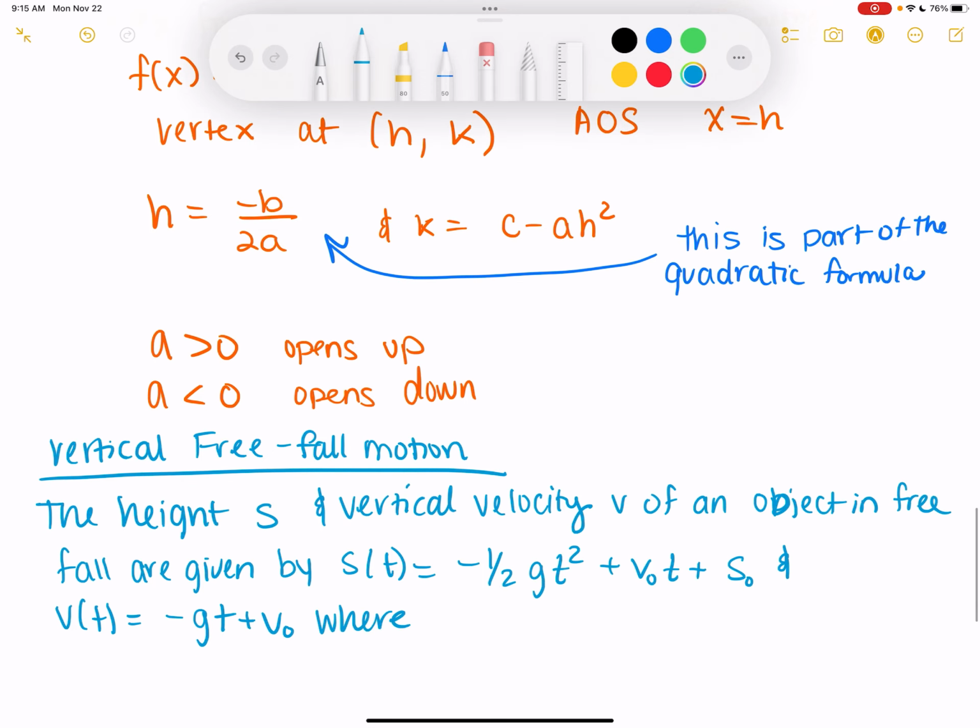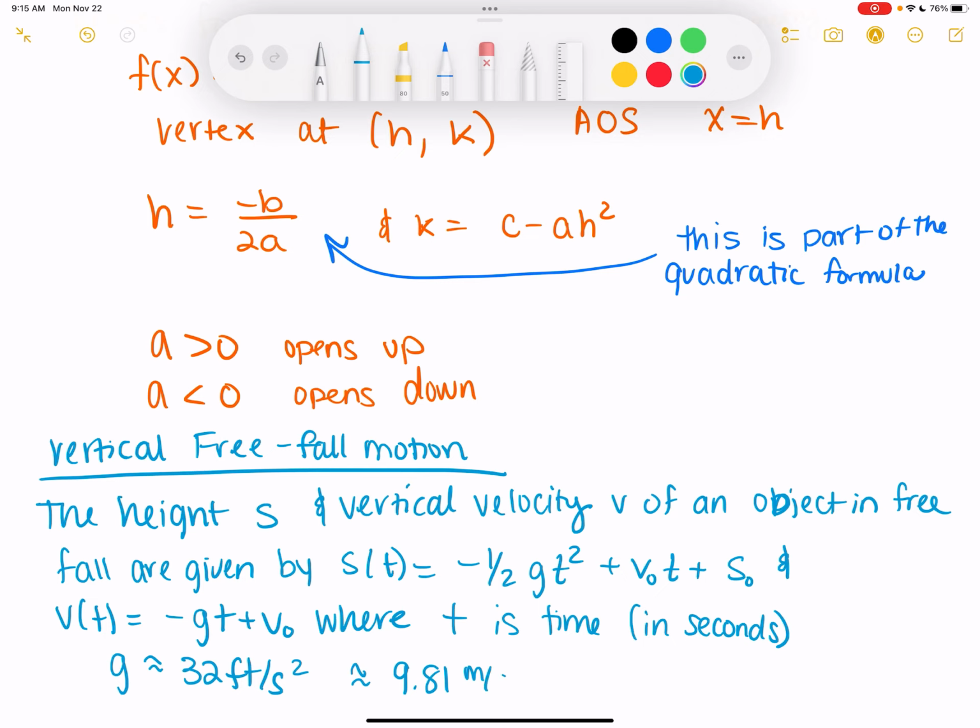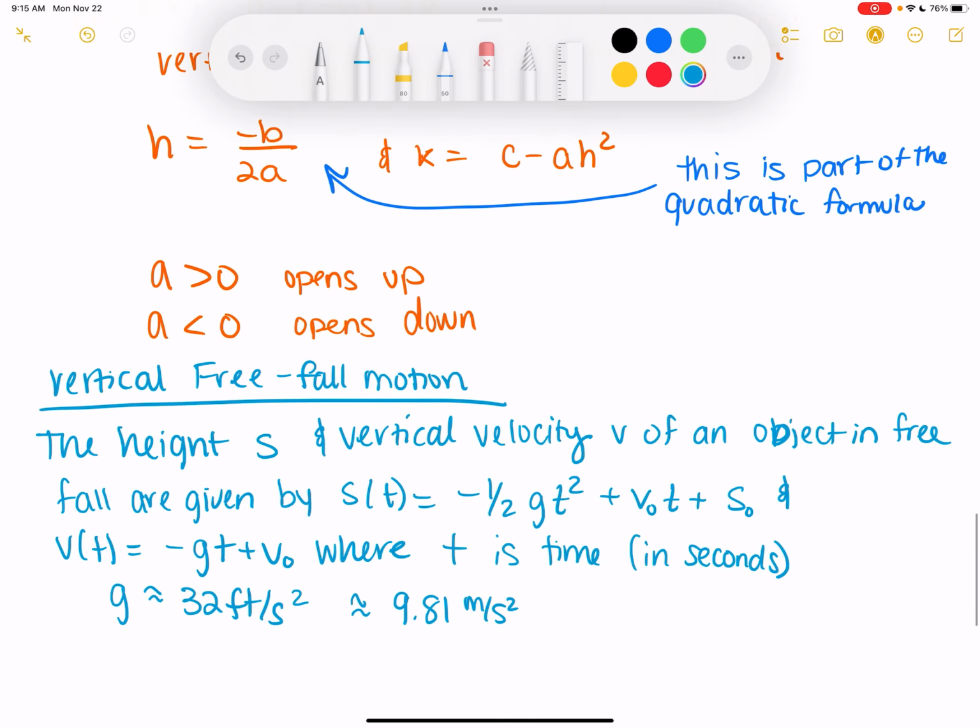where t is time in seconds, g is approximately 32 feet per second squared, which is approximately 9.81 meters per second squared. Okay, the 9.81 meters per second squared, if you take physics with me, is the constant that we will use.